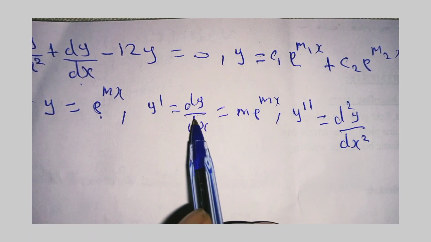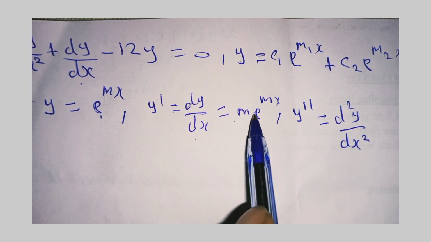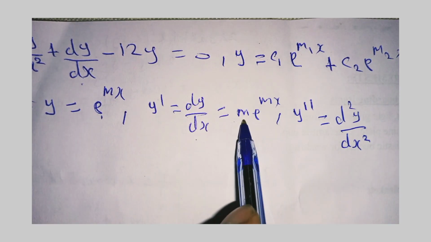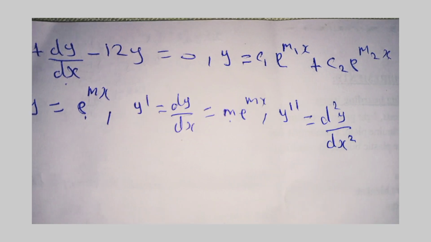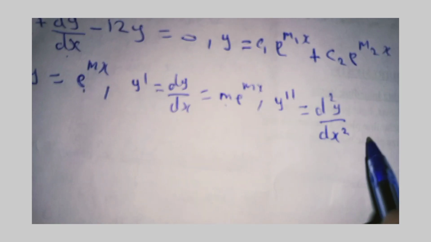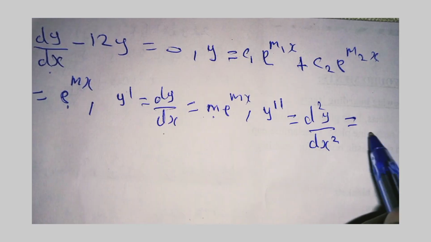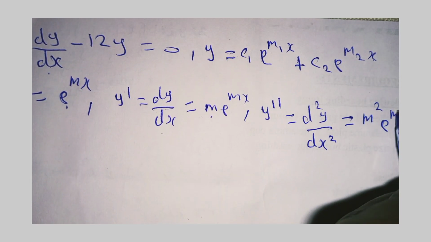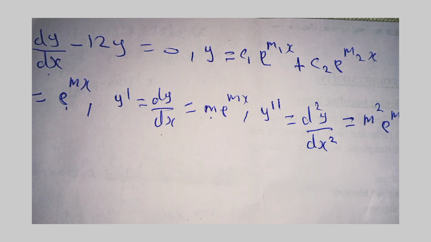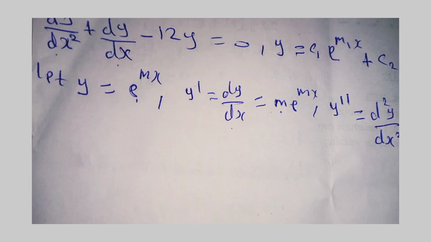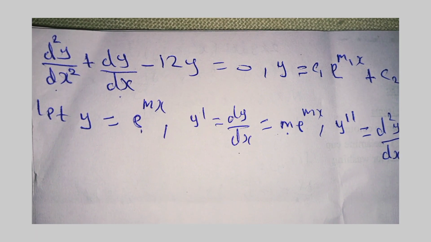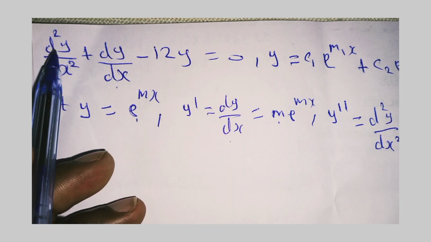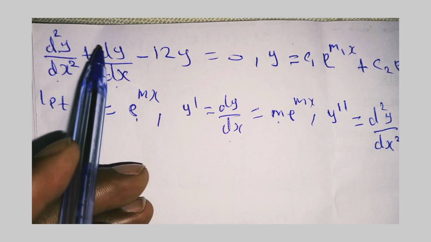You differentiate again, so m times m is m squared exponential mx. So we have obtained our second derivative of y and our first derivative.